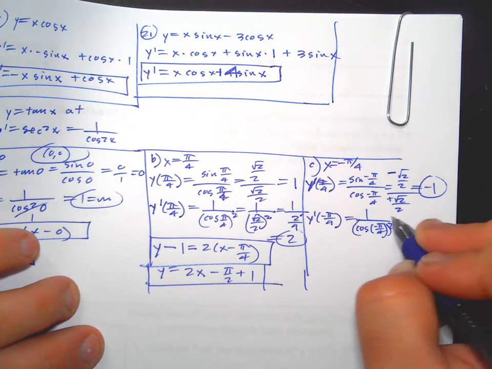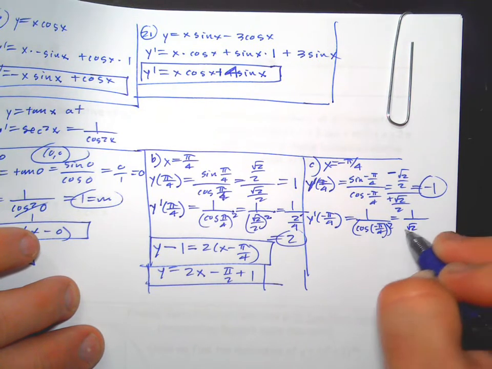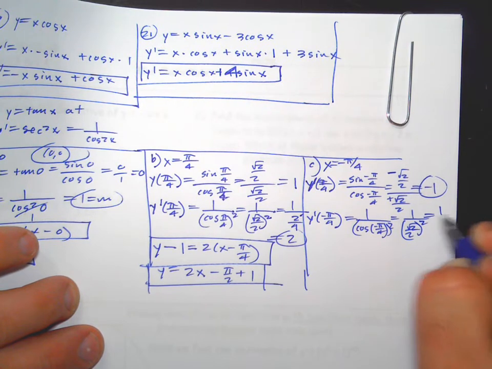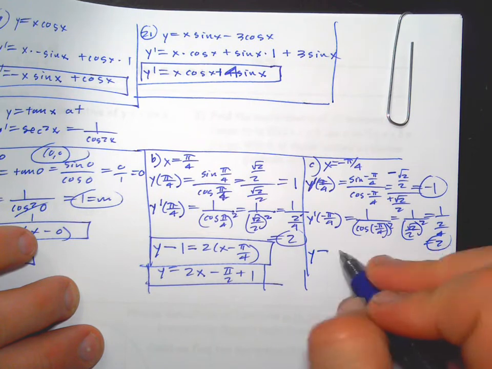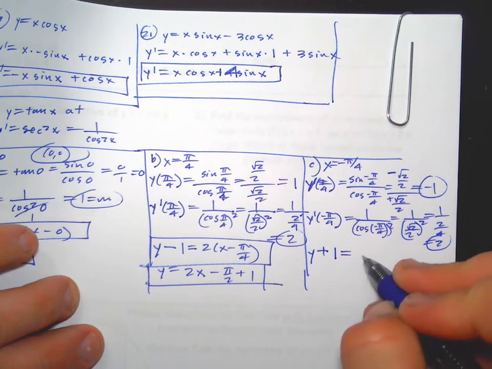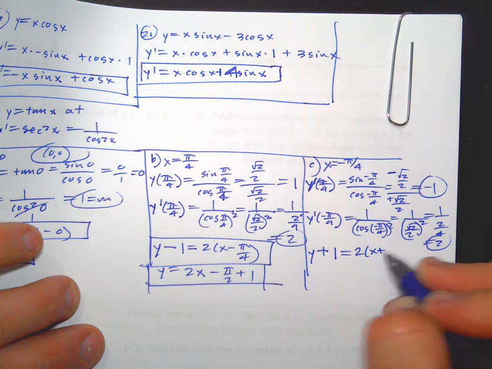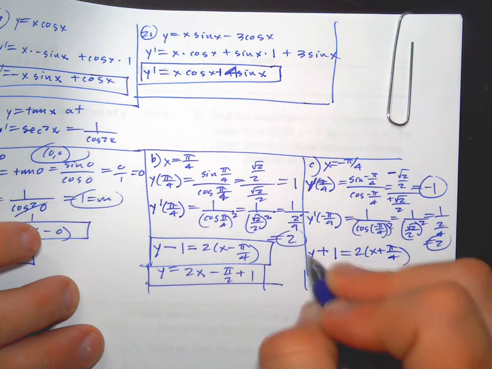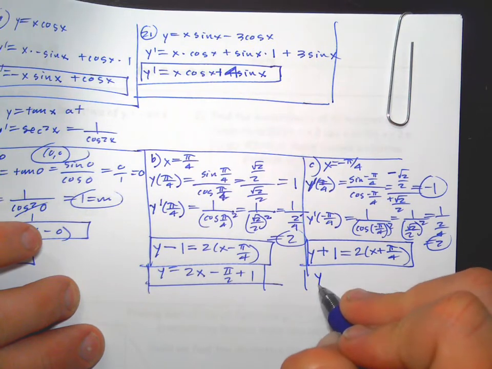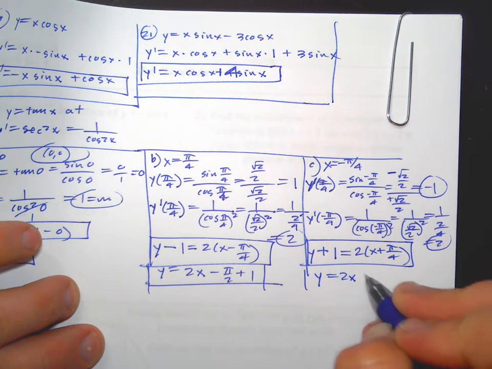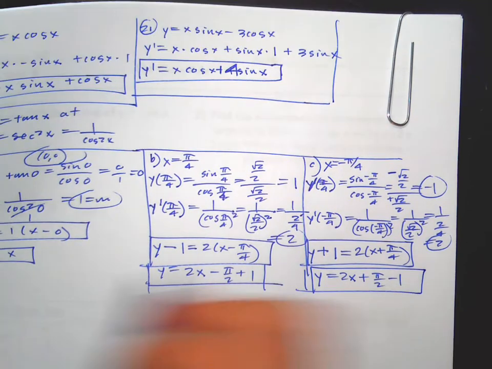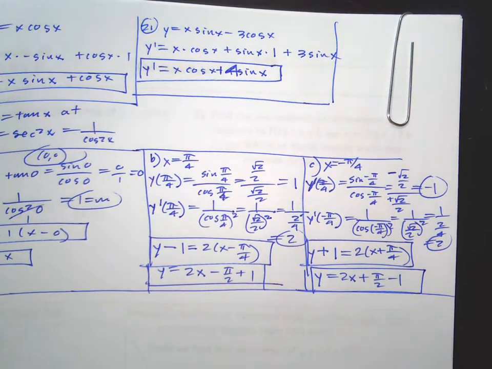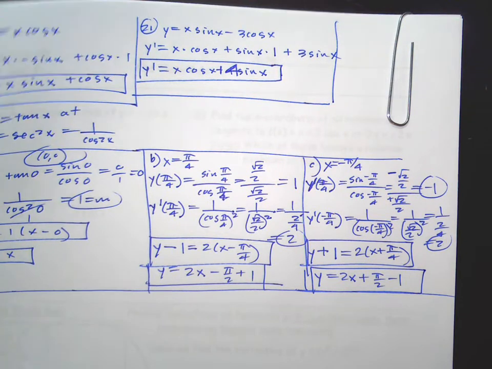And it's going to be 1 over root 2 over 2 squared equals 1 over 2 over 4 equals 2. Y minus negative 1 is plus 1. 2 times x minus negative pi over 4. Or, if you insist, y equals 2x plus pi over 2 minus 1. Okay, equations of tangent lines.